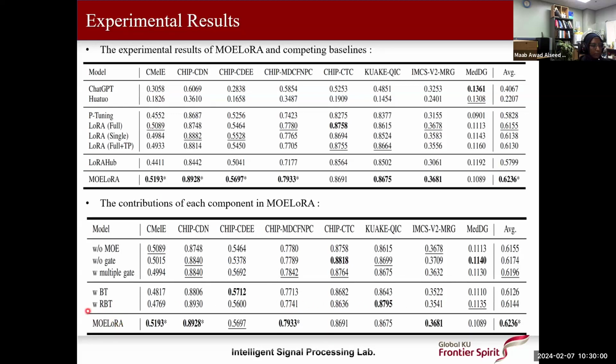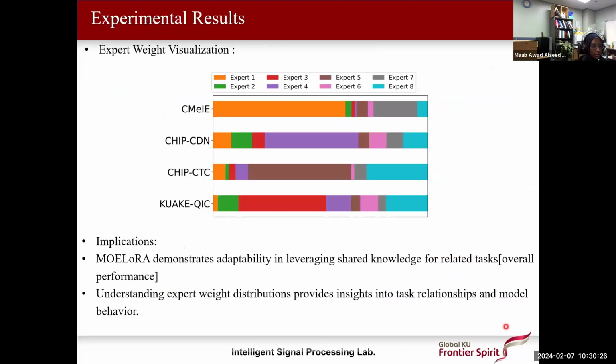But the combination introduced in this paper has better performance. Even if the others could have better performance alone, it is just on specific tasks. The average performance of mixture of expert LoRA was better than the others.